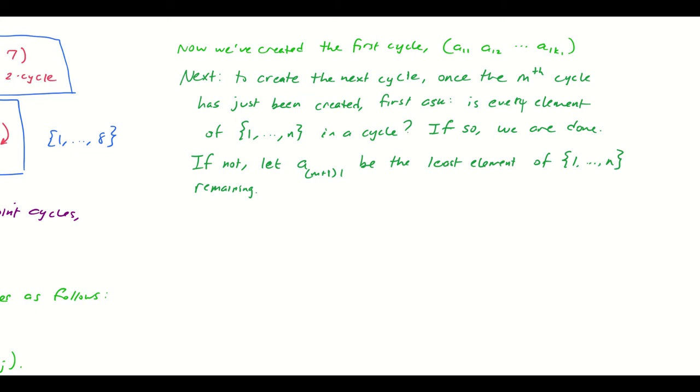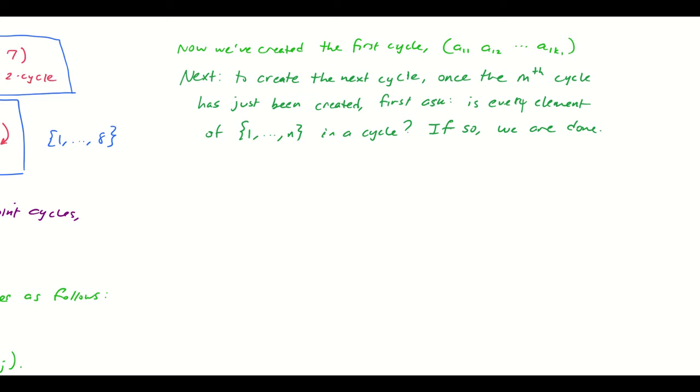All right, so we're going to start our cycle with that, and then use the same process as before to create the m+1th cycle. So the same process I described over there. Sorry, my pen's skipping again.